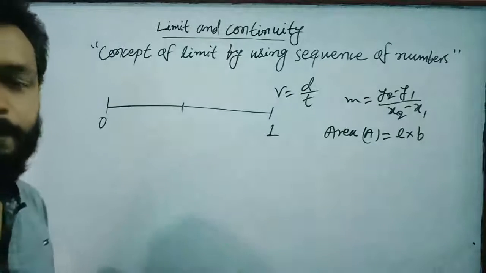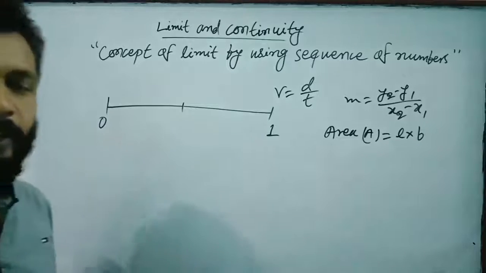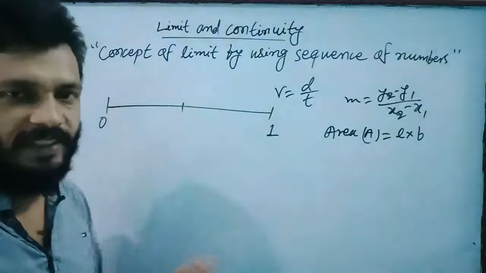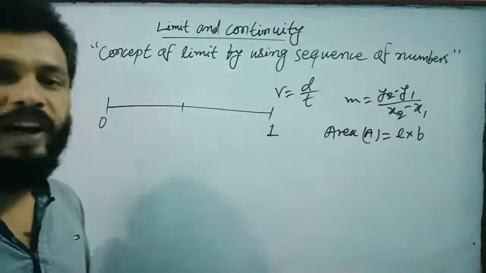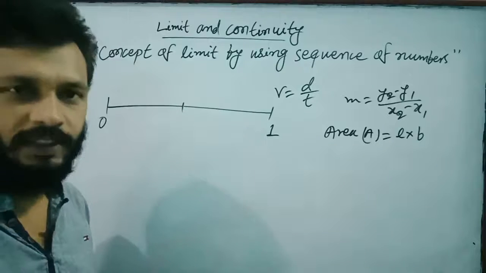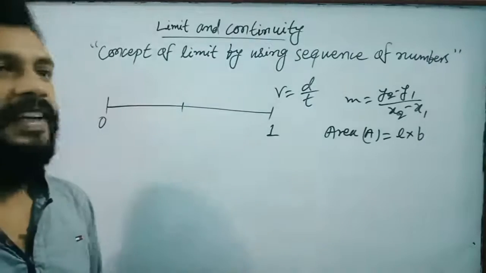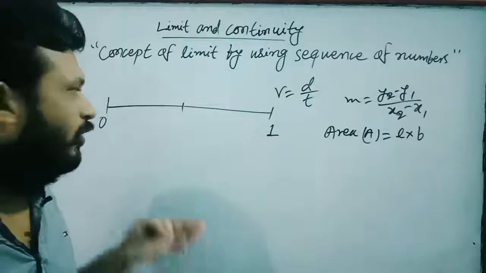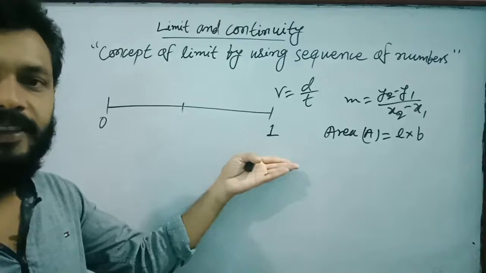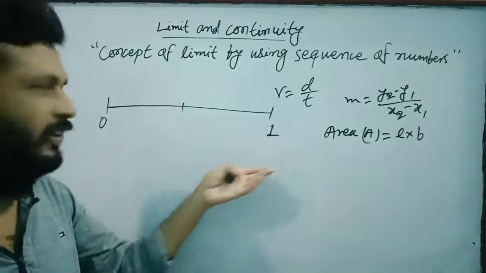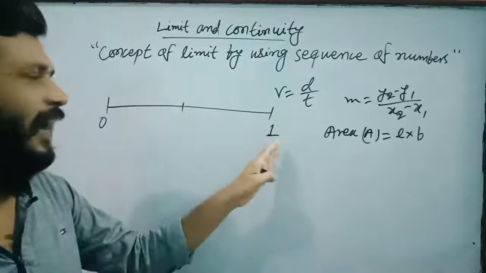Can you find the midpoint? How to find the midpoint of any 2 points? The midpoint of any 2 points is the sum of both points divided by 2.